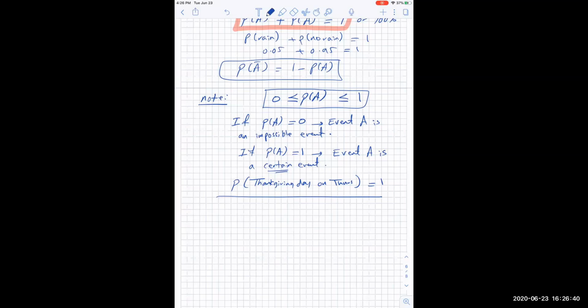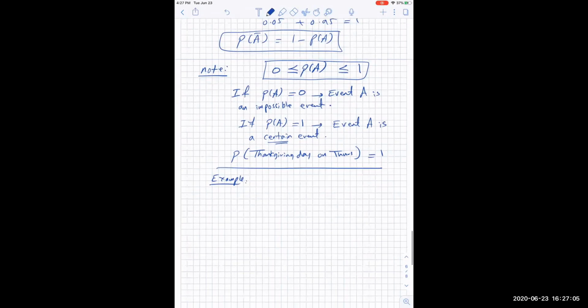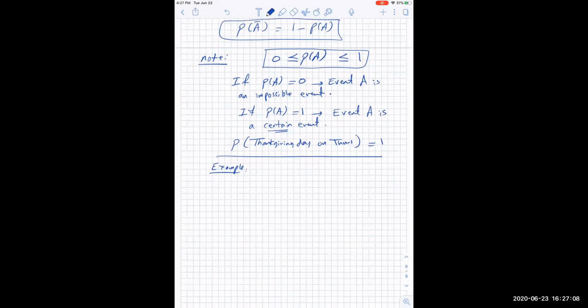Okay. So now we talked about the notation, the symbols that we're using. Let's go ahead and apply this to this example. Consider the following sample data.